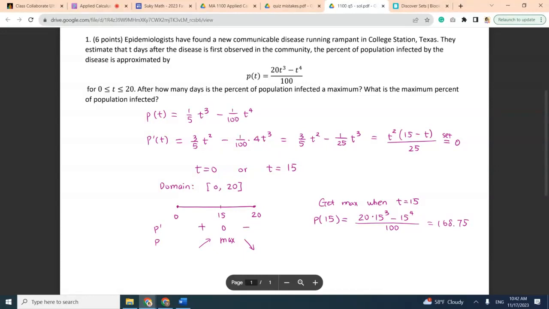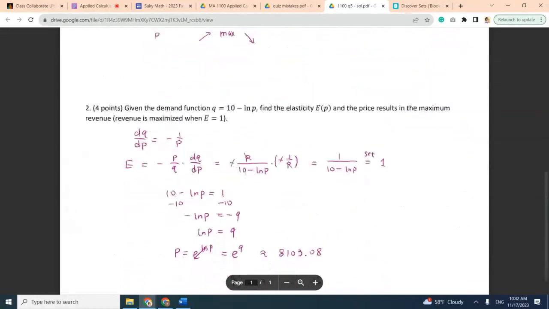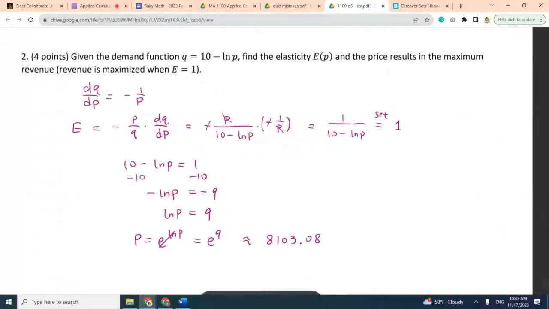Okay, everybody? And then the second problem, the elasticity formula is negative P over Q times dQ dt. Are you able to memorize this formula? How I remember is, I know demand is a function of price.